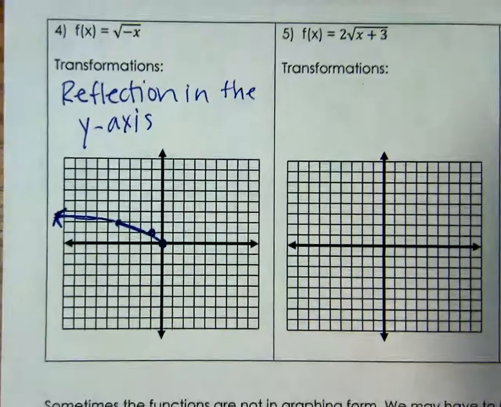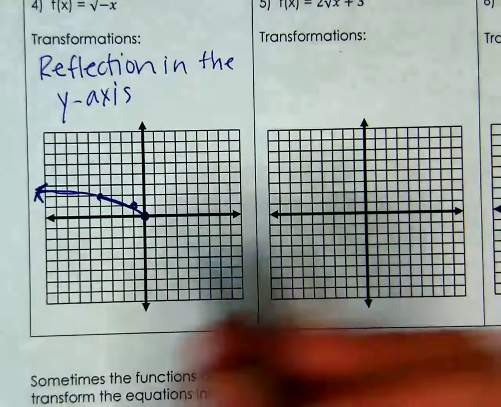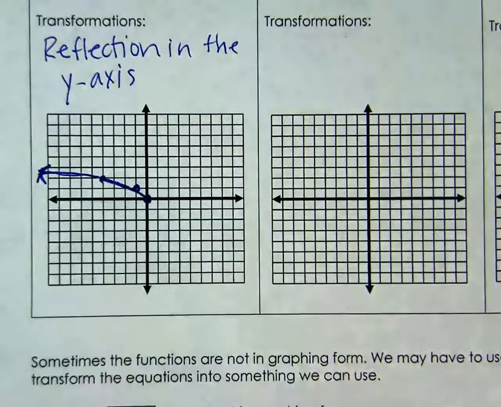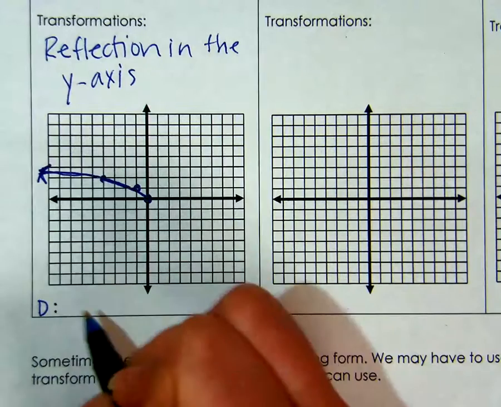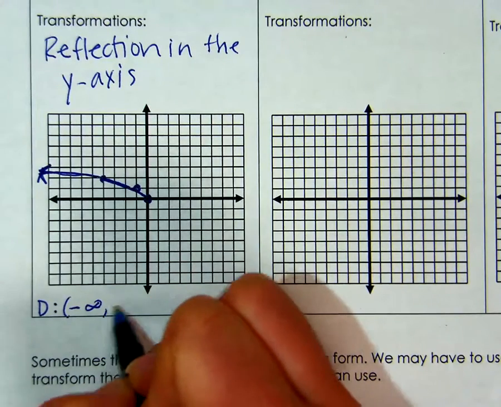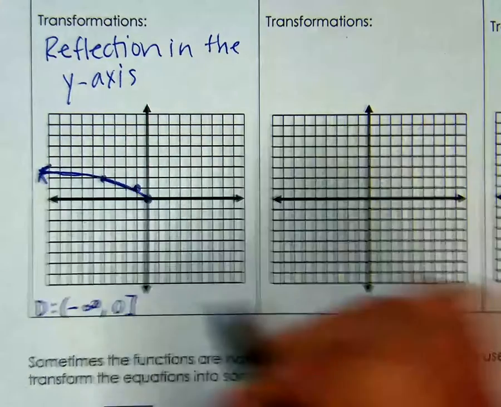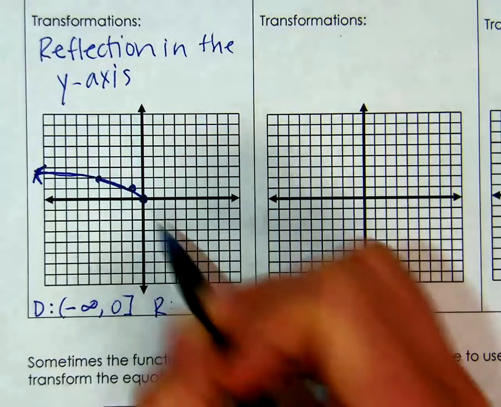My domain for this function, my x values, go from negative infinity to 0, with 0 being inclusive. My range values start at 0 and do go up to infinity.